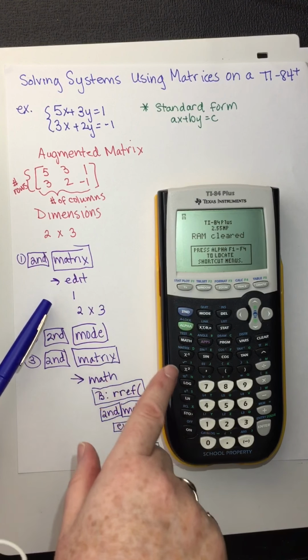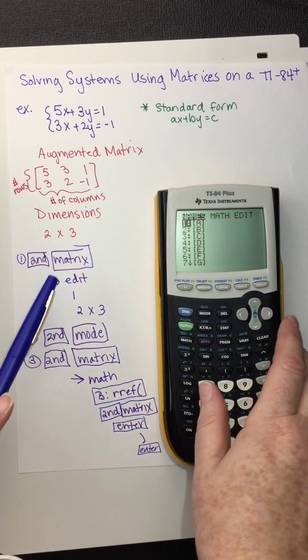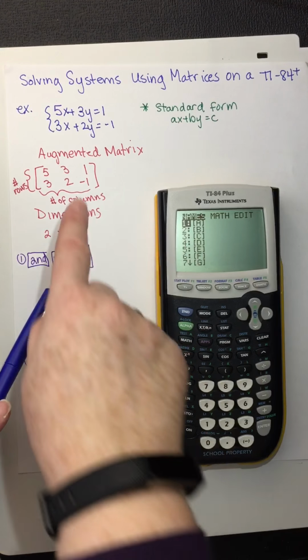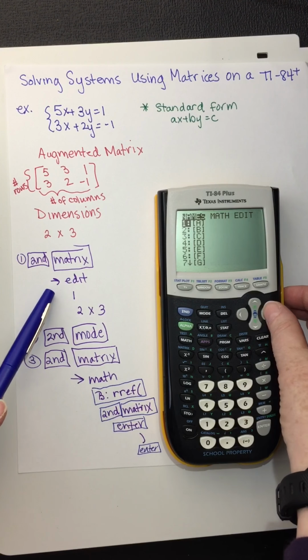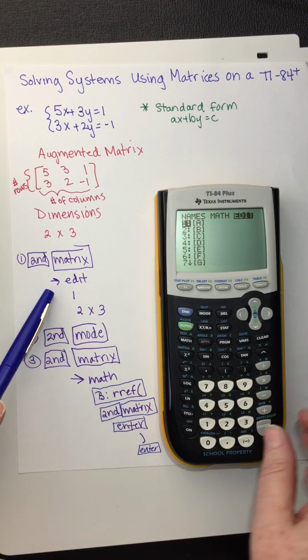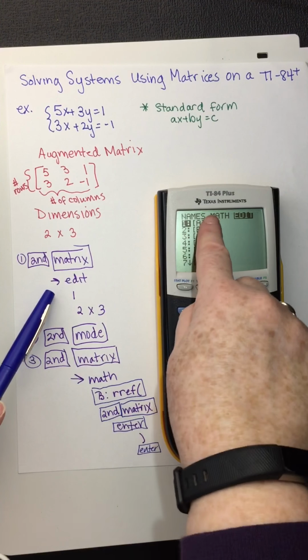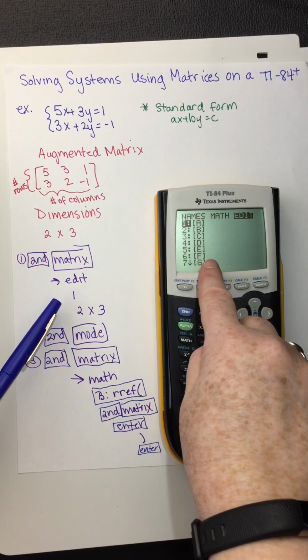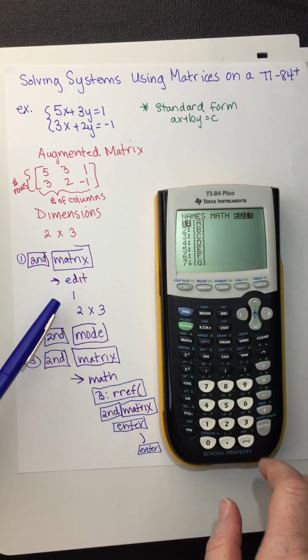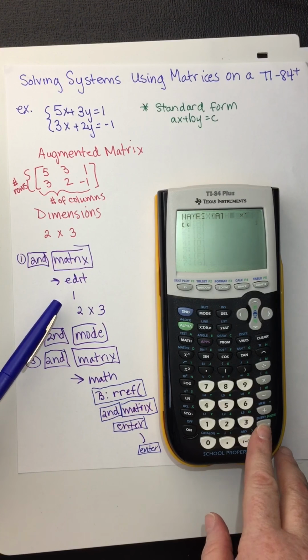So I can go second x to the -1. I'm going to enter my augmented matrix. So I want to go over to edit, arrow over. I don't like to scroll, so you could actually put your matrix in any of these matrices. I just usually hit enter and use matrix A.